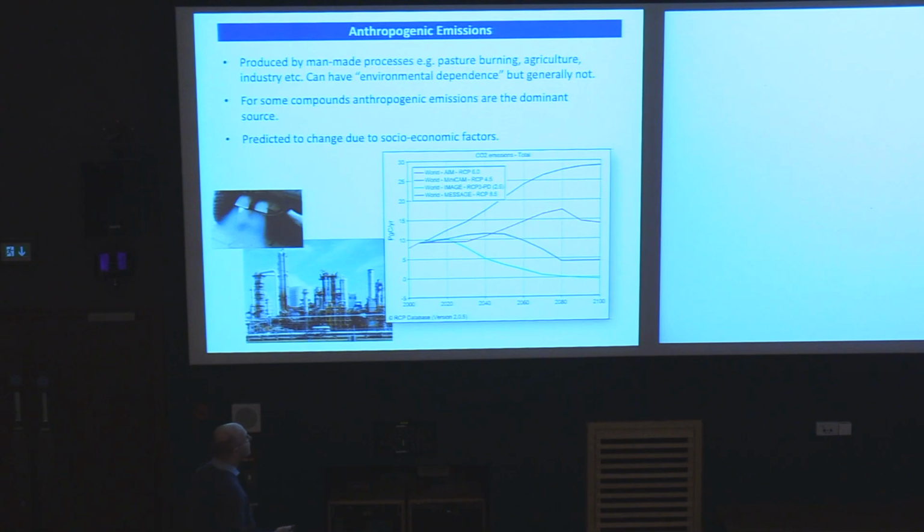How anthropogenic emissions are likely to change in the future is a subject of much research. In the absence of a crystal ball that tells us what's going to happen, and I don't have this and neither of you will have, what people do is develop storylines of likely developments of the future.